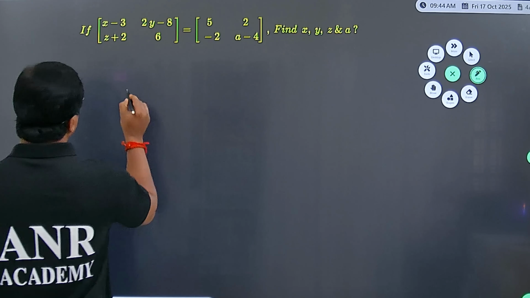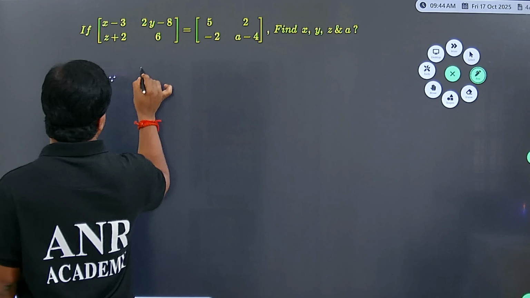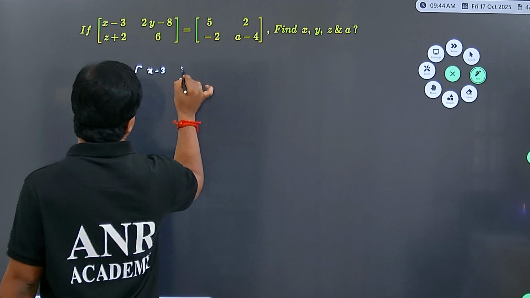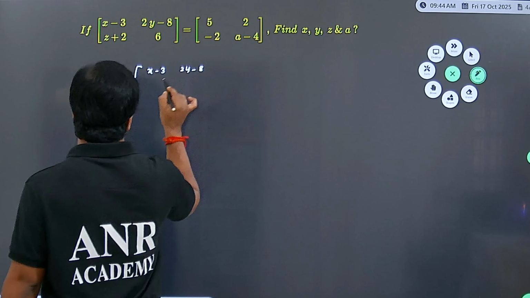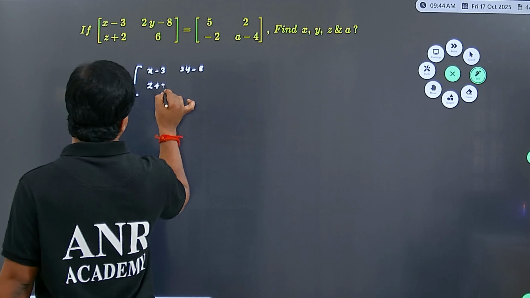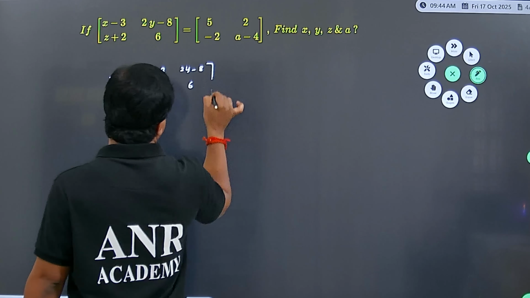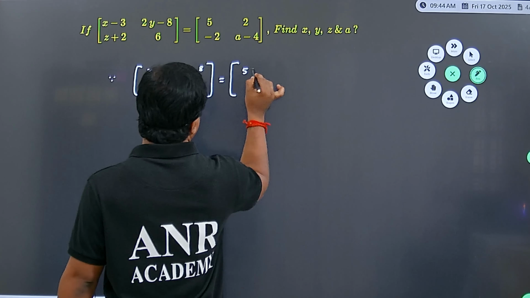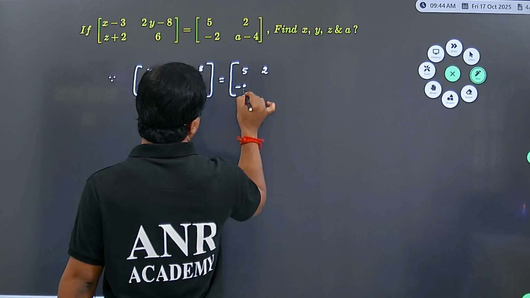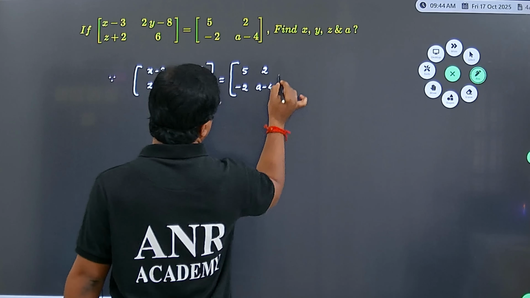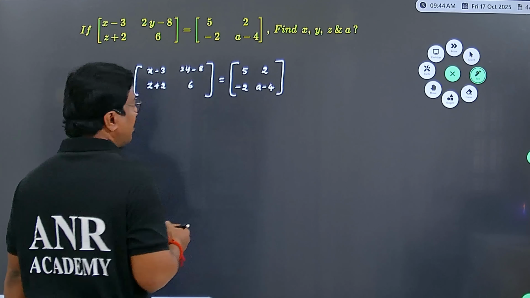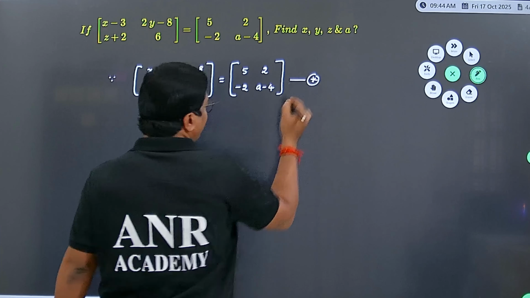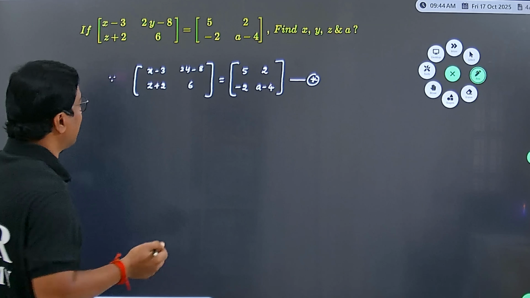Since here matrix x minus 3, 2y minus 8, z plus 2, 6 is equal to 5, 2, minus 2, a minus 4, and since these two are equal, their corresponding entries are also equal.